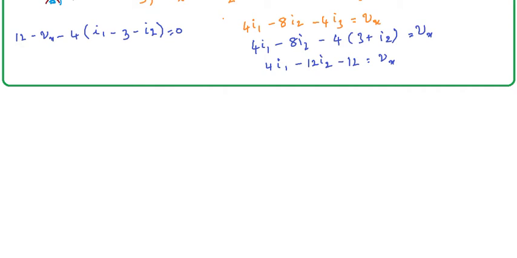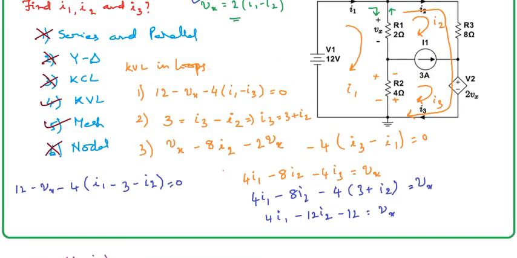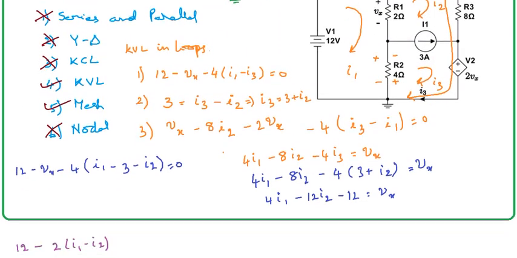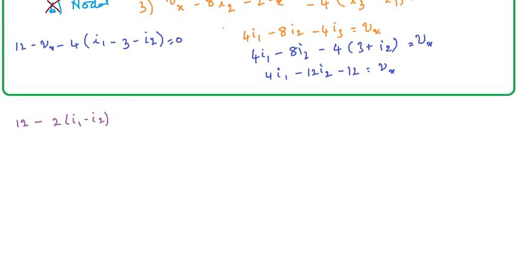Yes, a different color. Okay, let me use this color. So it will be 12 minus 2 times of I1 minus I2. Okay, let me check once again. Yeah, 2 times of I1 minus I2. So Vx is 2 times of I1 minus I2, minus 4 into I1 minus 3 minus I2, is equal to 0. So let me write systematically.